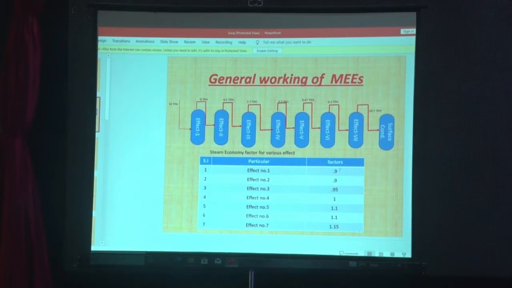And these are the steam economy factors: 0.9 for the first effect, 0.9 for the second effect, 0.95 for the third effect, because as the vacuum increases, there is an increase in the steam economy. In the last effect, the steam economy factor is 1.15. It is not only due to the vacuum but also the vapor generated by the PCFT, SCFT and the WBL flash.